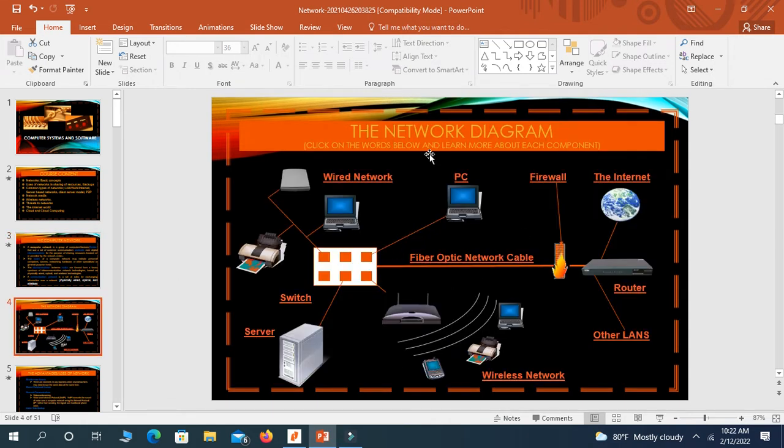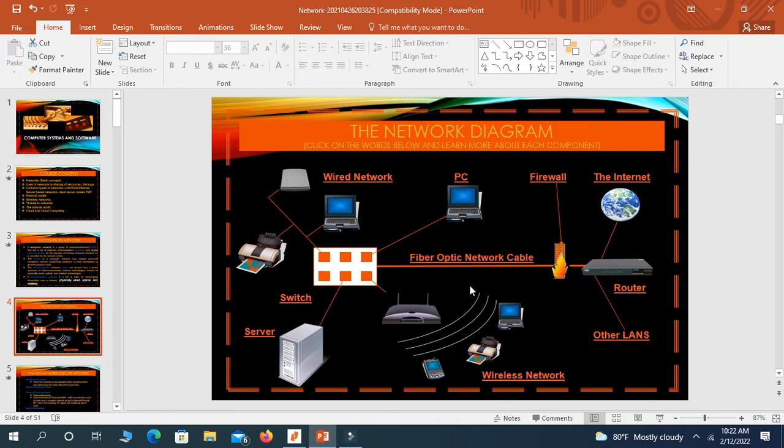So this is the network diagram. If you look closely, here is the internet. The internet is connected to a router, or you can say a router is connected to the internet, and there is a firewall connected to the router.